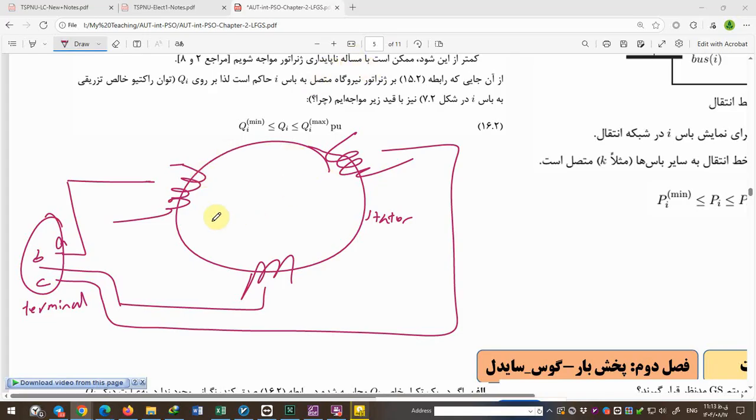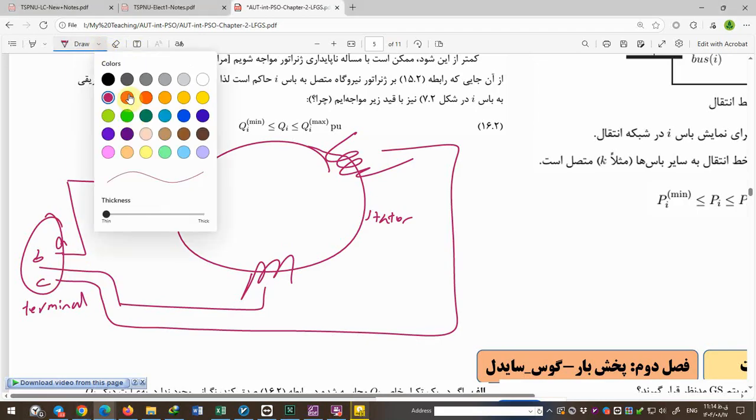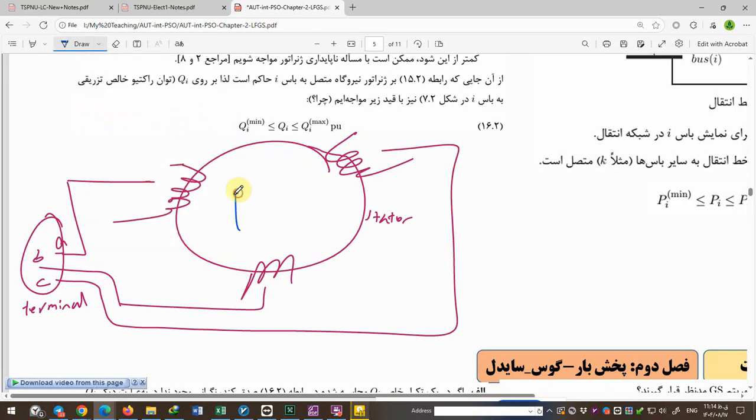The stator windings make generation, and we extract the energy from these three phase windings as phase A, B, and C. The rotating part is the rotor, and its winding is connected to a DC voltage.